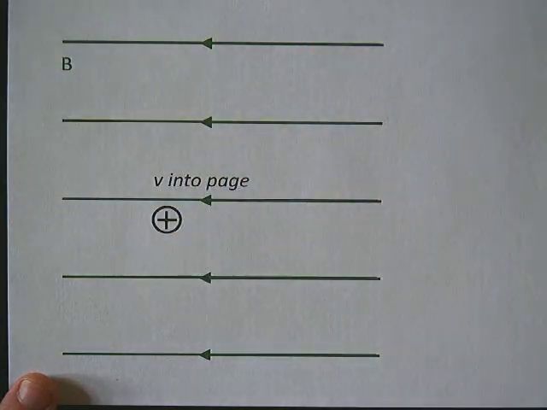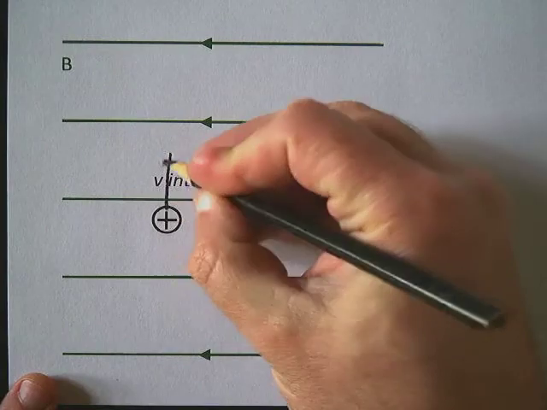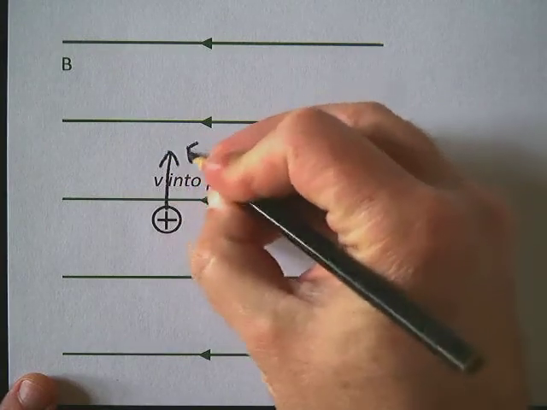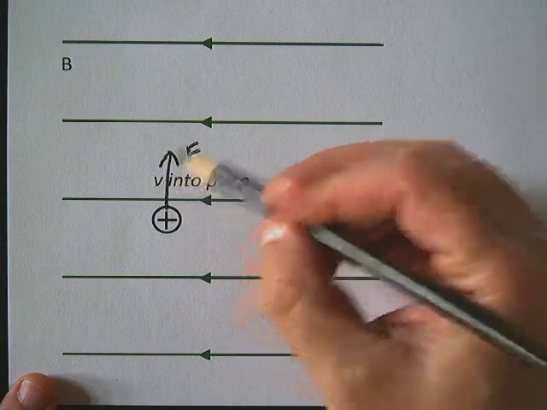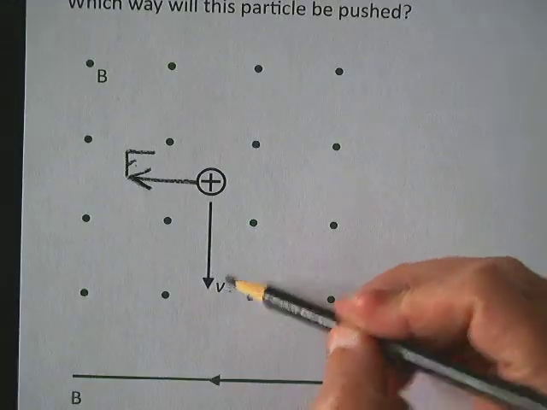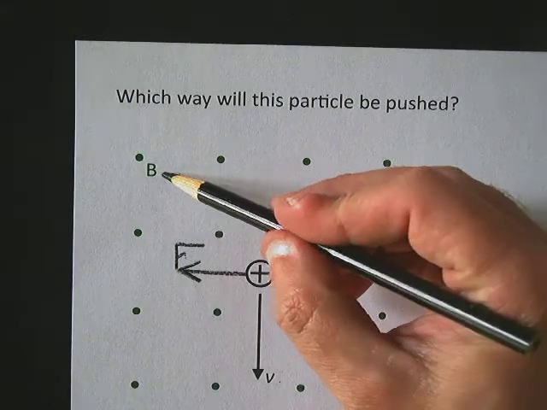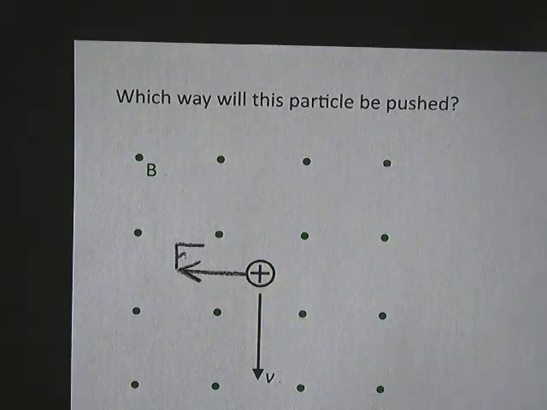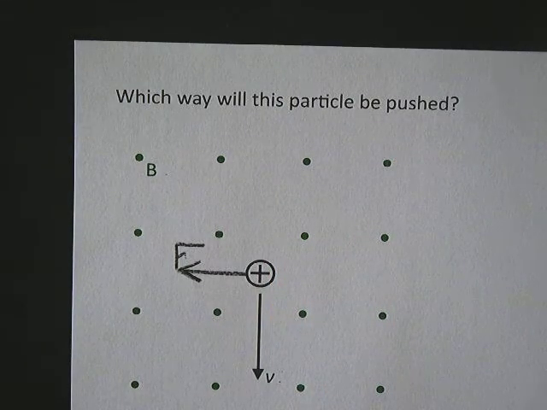And then my middle finger will shoot straight out, and that tells me the force. Notice that I'm always labeling each vector: velocity, force, and magnetic field. You start to get a lot of arrows on the page, and if you don't label them, you're going to get confused.